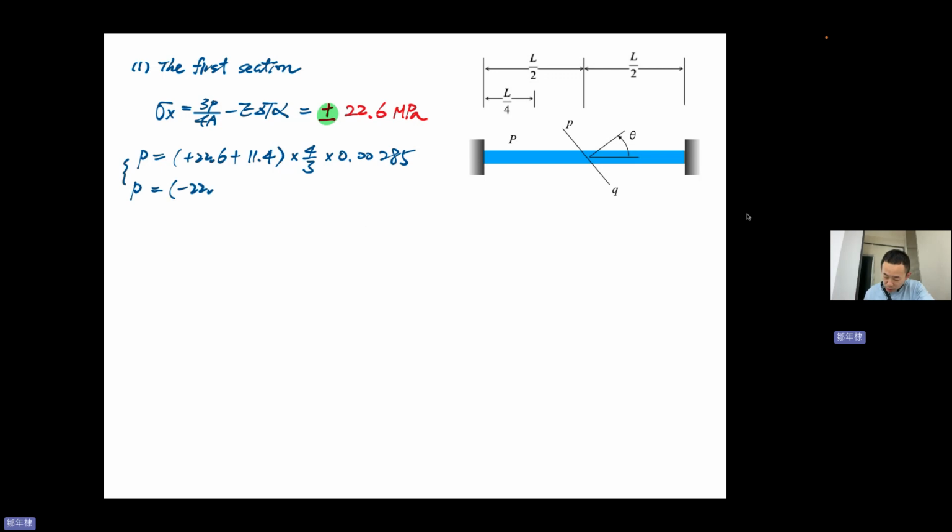And minus 22.6 plus 11.4, and okay, so the answer here is 129,200 Newton. Oh, it's really long.